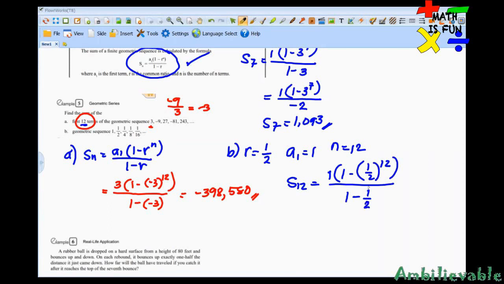So therefore we have 1 minus half raised to the power of 12, and then we have 1 minus half. So what's the answer? It's approximately 2.